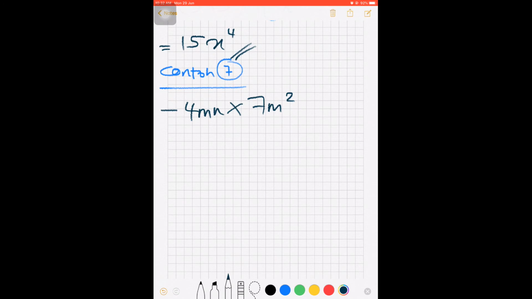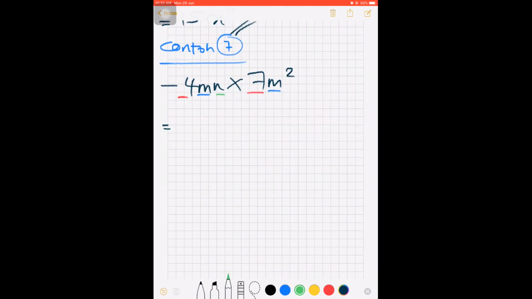Okay. So, same thing. We do cara pertama first. We take 4 and 7. Lepas tu ada m. Lepas tu ada n. This one tak ada n, tak apa. Okay. So, we kumpul 4. Remember, take negative also tau. Negative 4 times 7. Then m times m.